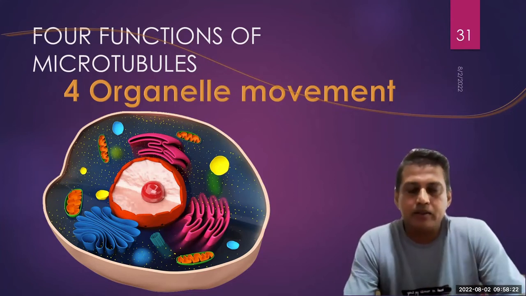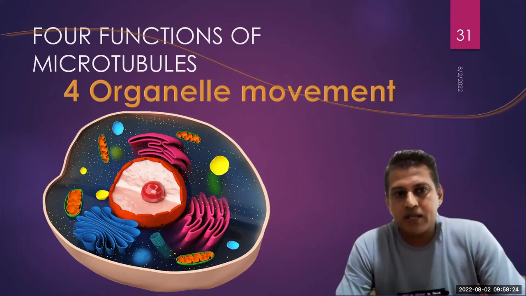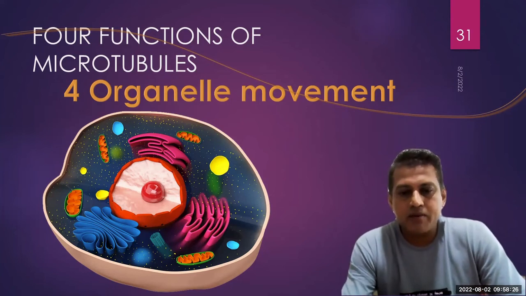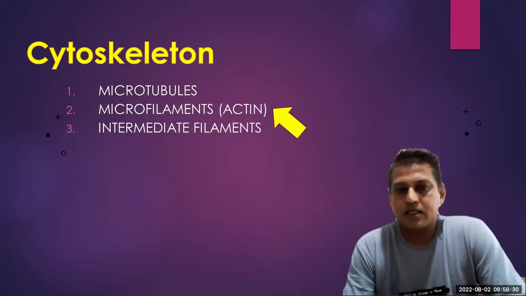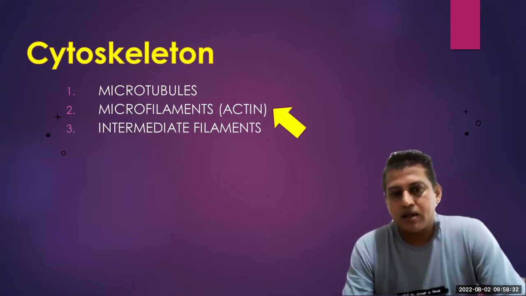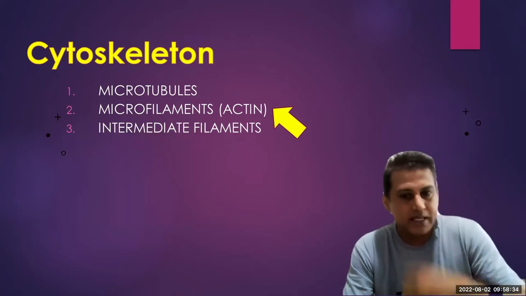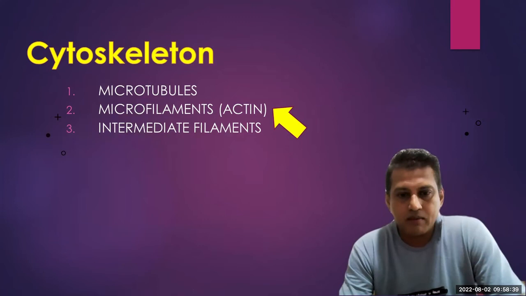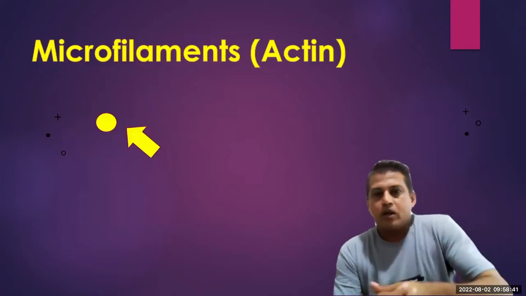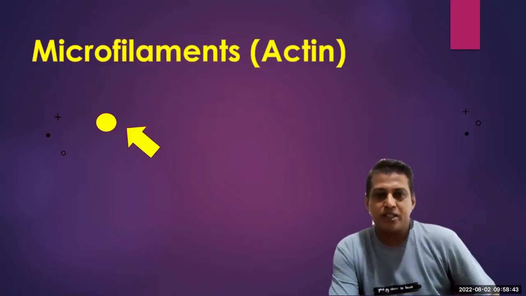Okay, then the second type of cytoskeleton. The second type of cytoskeleton is microfilaments, if not actin. Microfilaments and actin are the same. Let's see how microfilaments are made.